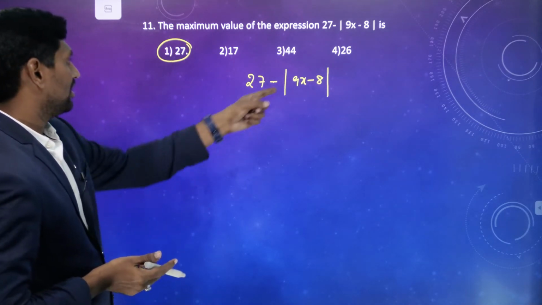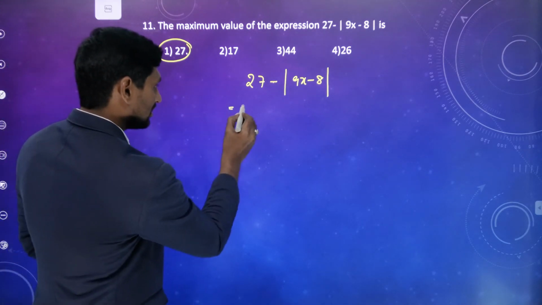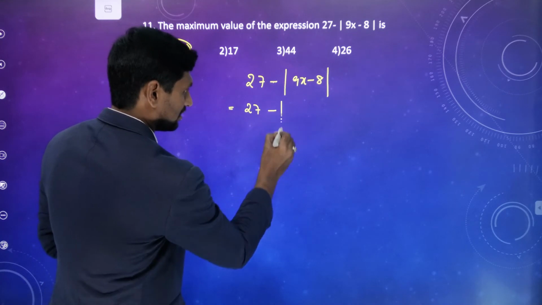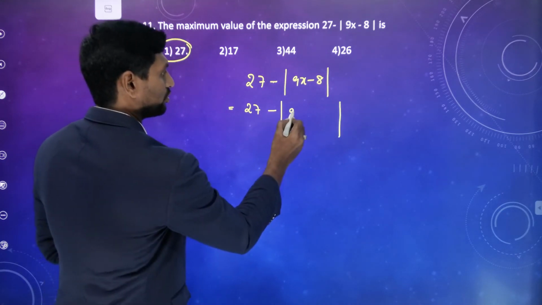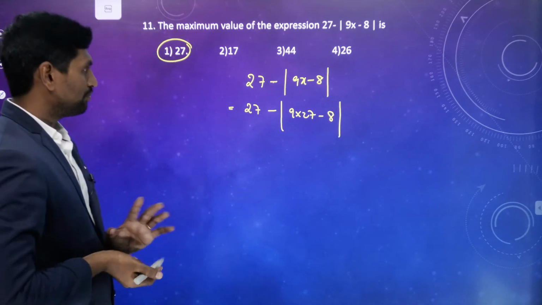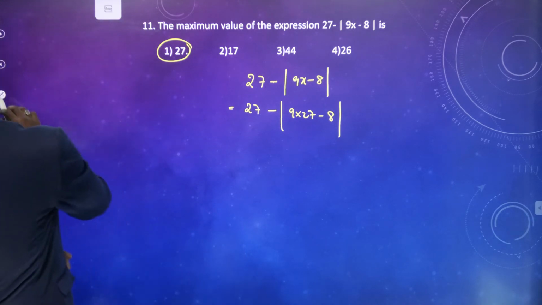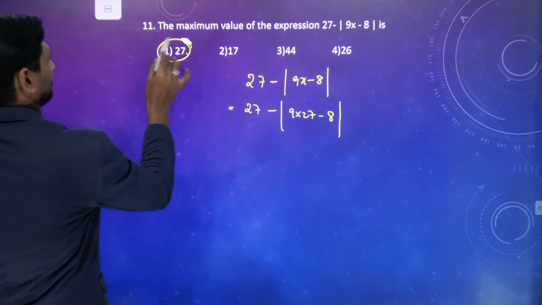Nine 27s are how much? Nine into 27 minus 8. So simply, without doing all of them, sorry, it is not an answer, don't consider it as an answer.